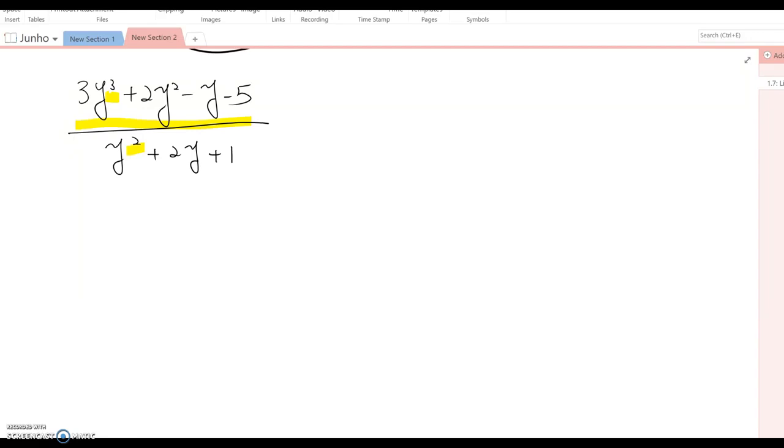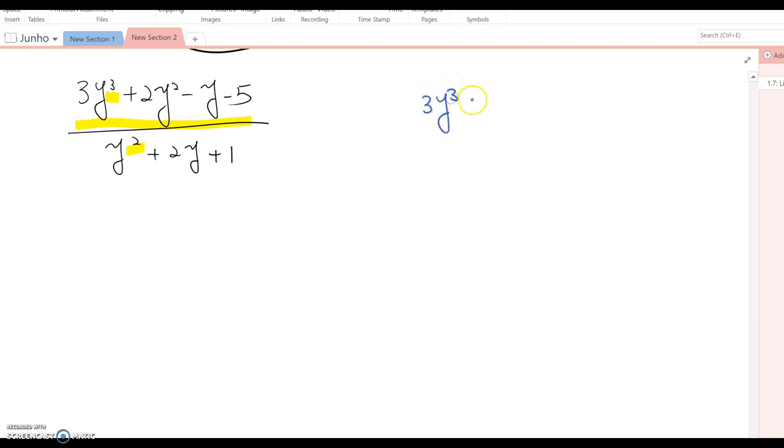So I'm using the long division method to find the quotient, and then we will decompose the remainder part as a partial fraction. Okay, so look, please.